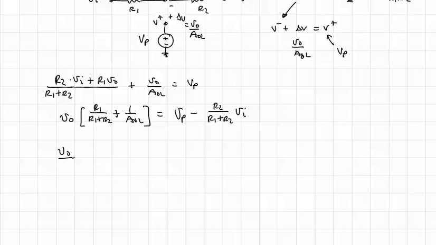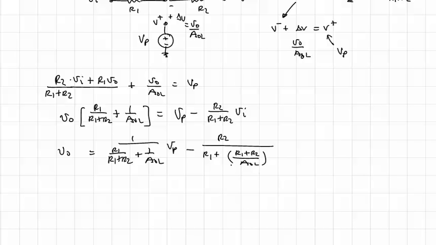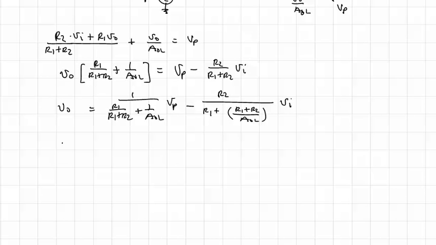So VO will be equal to 1 over R1 over R1 plus R2 plus 1 over AOL times VP, minus, that's a messy statement, let's try to simplify that. We'll say R2 over, and then we're going to multiply through by the sum of R1 and R2 to arrive at R1 plus R2 over AOL for the second term, times VI.